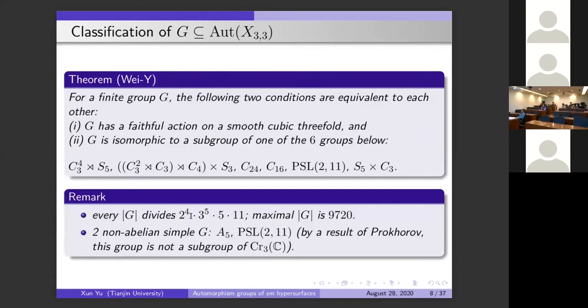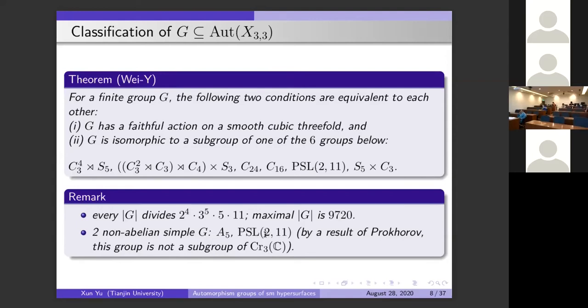For instance, all possible prime factors are 2, 3, 5, 11. And the maximum order is 9,720. Again, this is the Fermat cubic. For non-abelian simple groups, just two possibilities: A5, and another one is PSL_2(11).